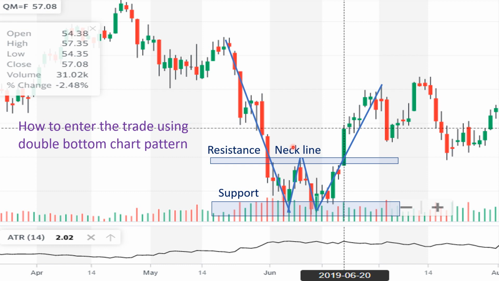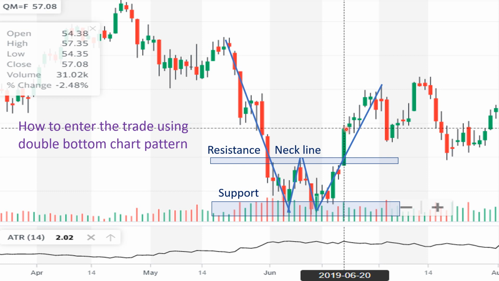Now, the way some traders enter the trade is they wait until the price breaks the neckline and closes above the neckline. So this bullish candle, it breaks the neckline and closes above.